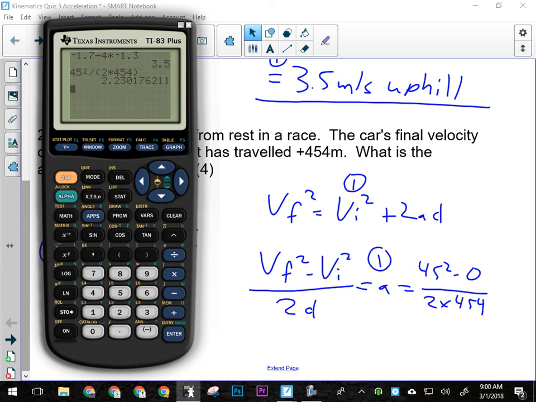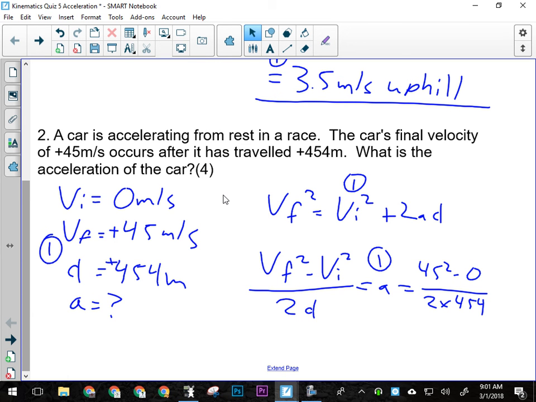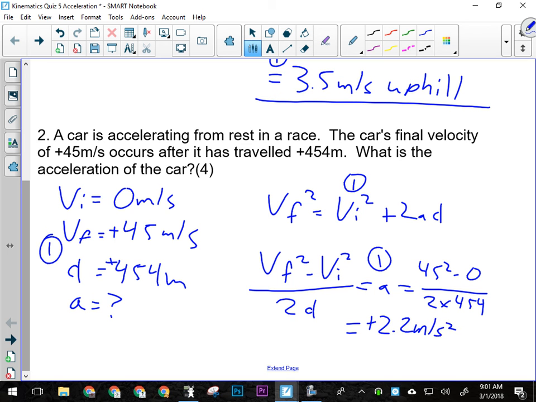All right, so the acceleration of that car is 2 point something, and we have 2 significant figures here, so 2.2 meters per second squared, and it's got to be positive. So they've got to have the positive there in order to get the mark. The units have to be meters per second squared as well.